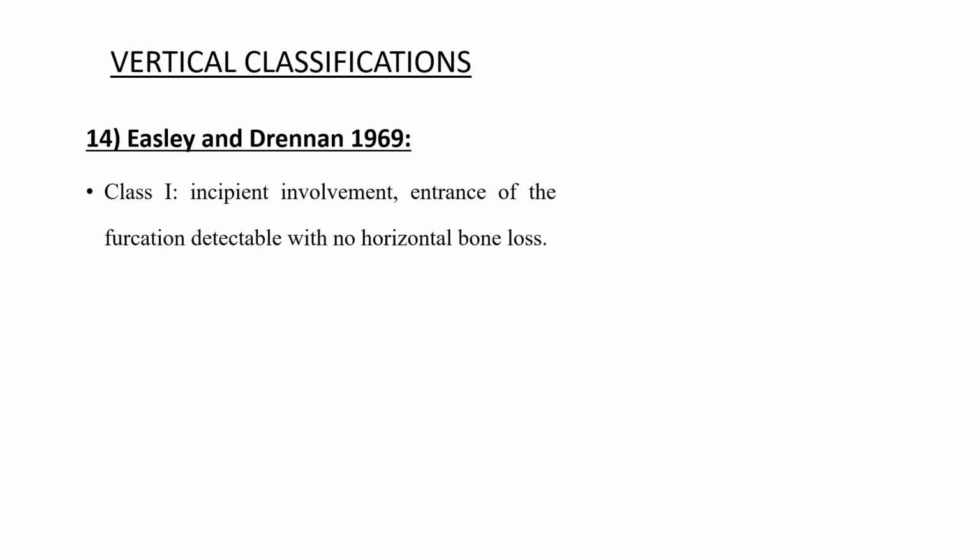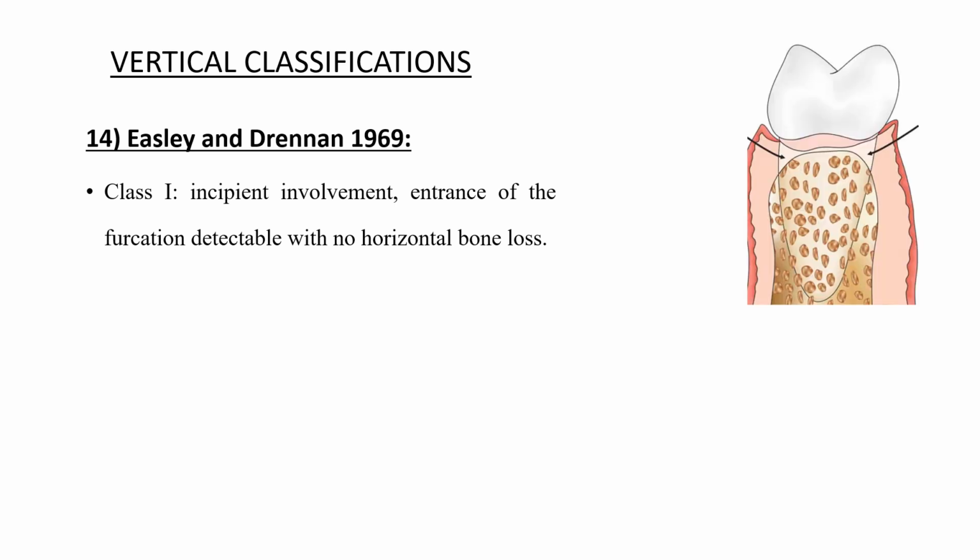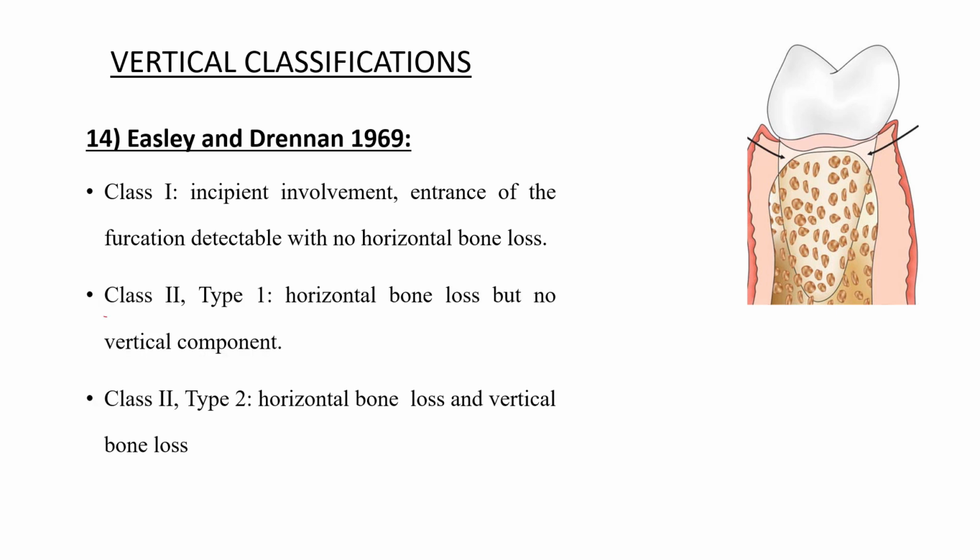According to it, class 1 is incipient involvement, entrance of the furcation detectable with no horizontal bone loss. So it is just the initiation and there is no bone loss in the horizontal direction. Next is class 2, and class 2 is divided into type 1 and type 2. Here horizontal bone loss is there but no vertical component is involved.